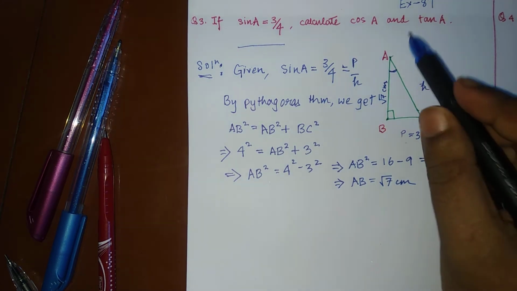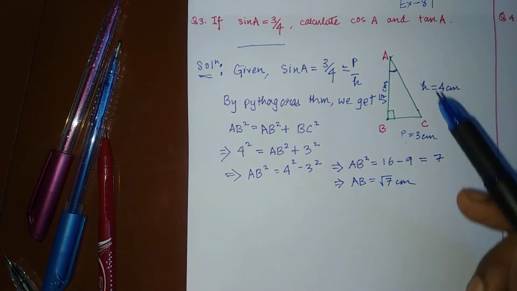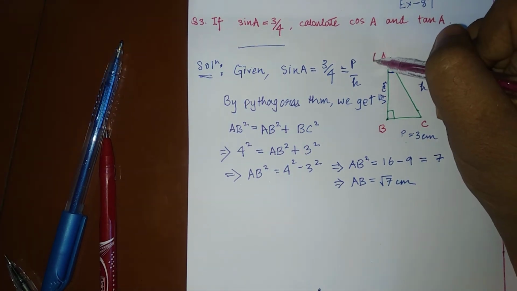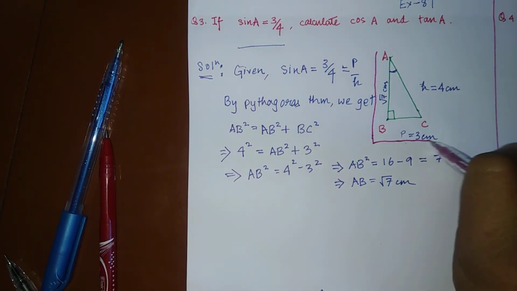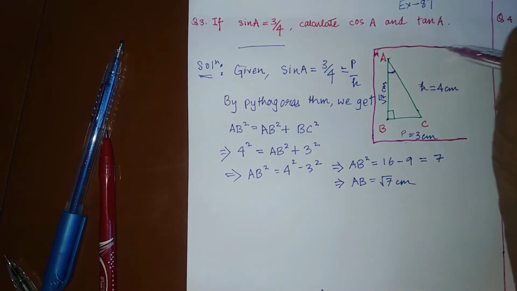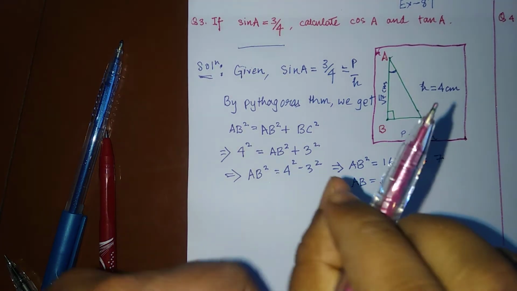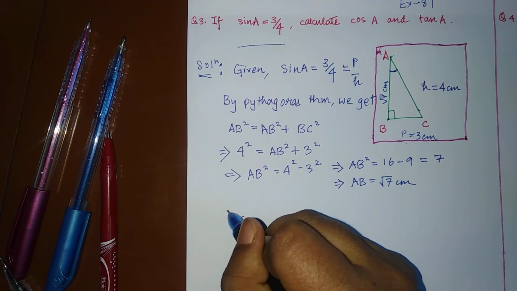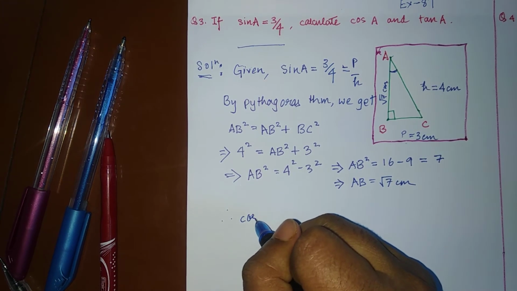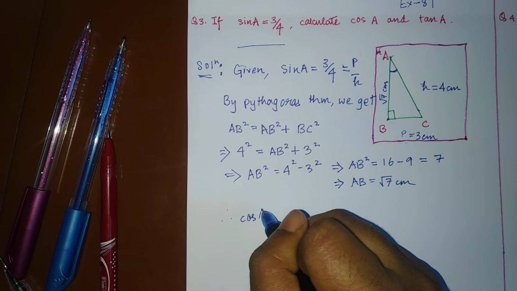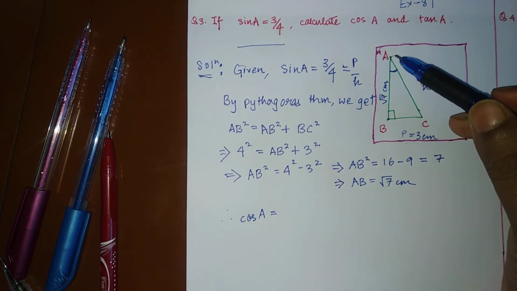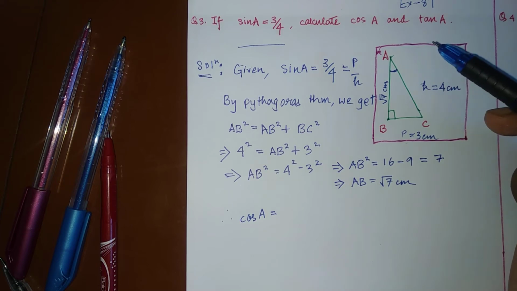So now you can find the cos A and tan A easily by this triangle. Let me draw a border around it. By this triangle you can easily find the value of cos A and tan A. Let me show you how. First, therefore, cos of A equals, what was the value of cos theta?